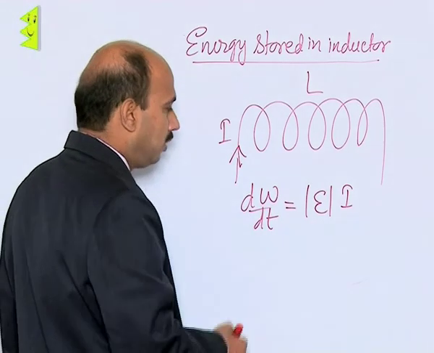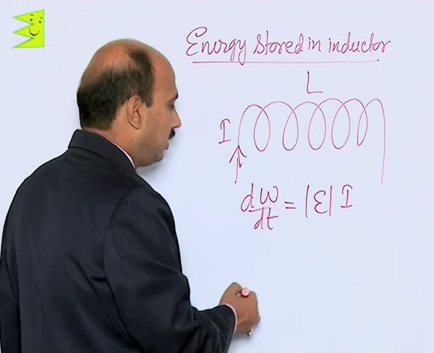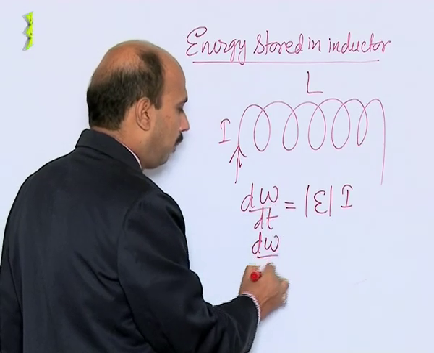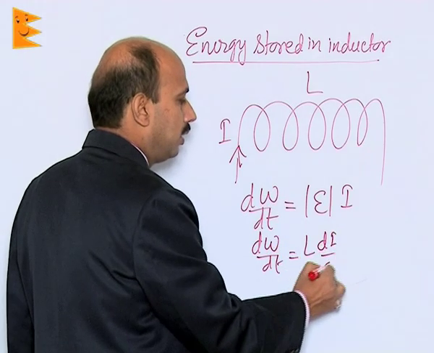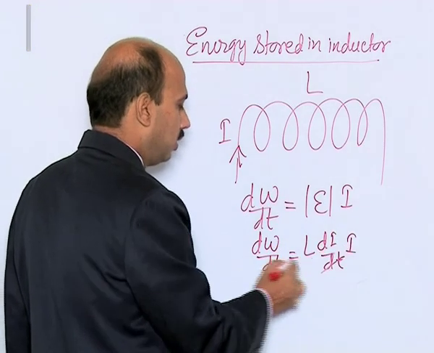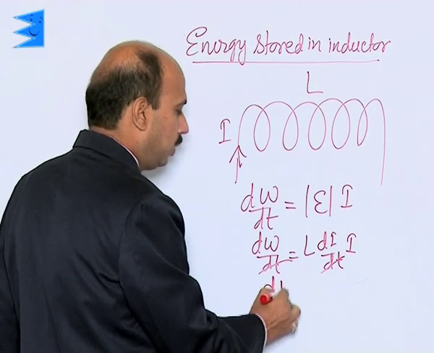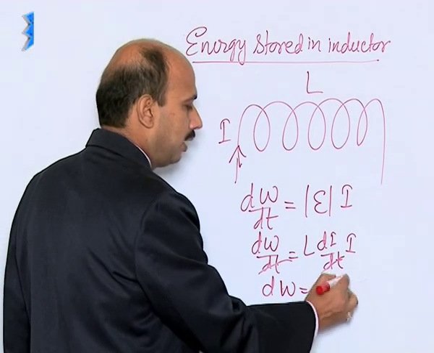So, we can write dW upon dt is equal to L di upon dt into I, and we can write dW is equal to L I dI.